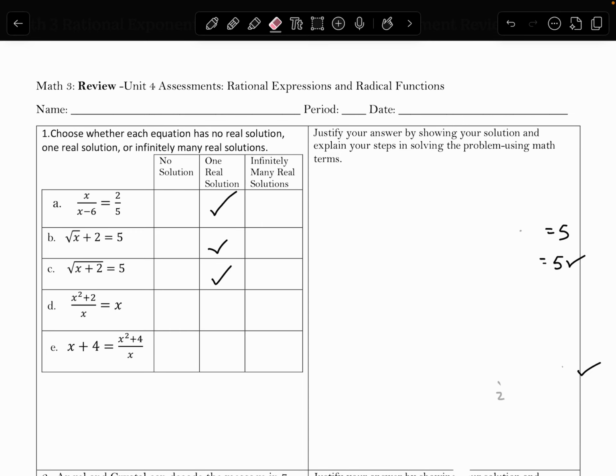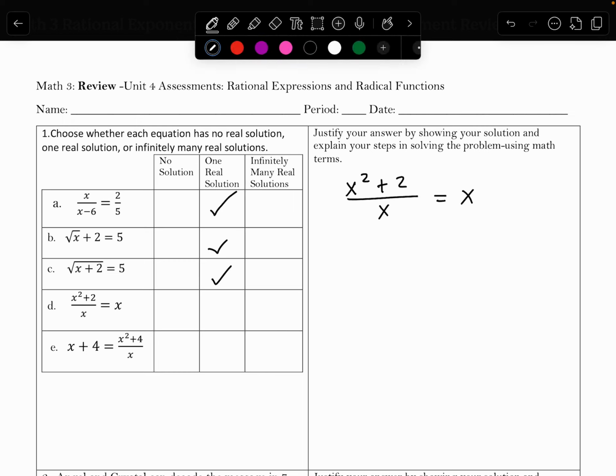Now let's check D. Again, please pause if you have to process. Now we have x squared plus 2 over x equals x. Remember, if there's a denominator, go ahead and just multiply it out. Multiply it out to everything. So now I have x squared plus 2 equals x squared.